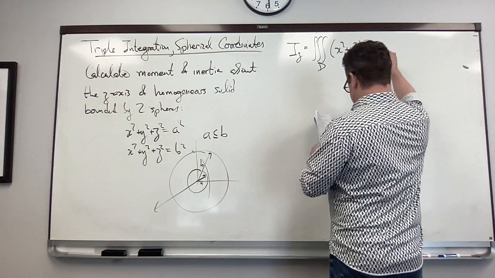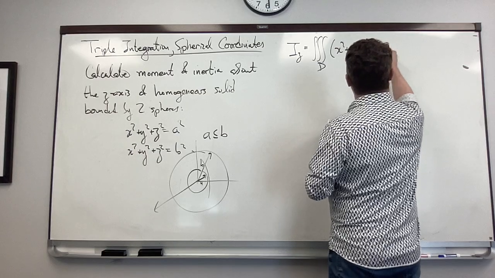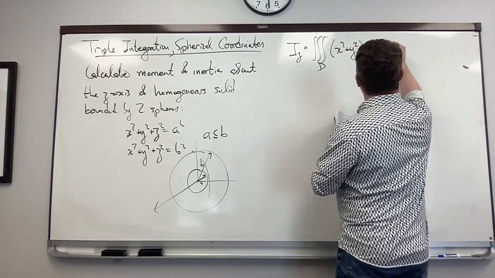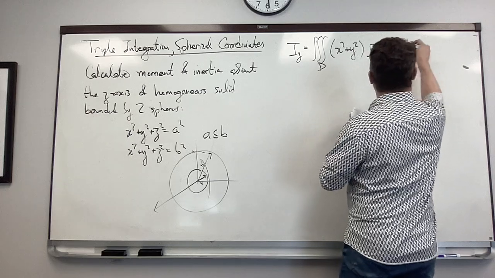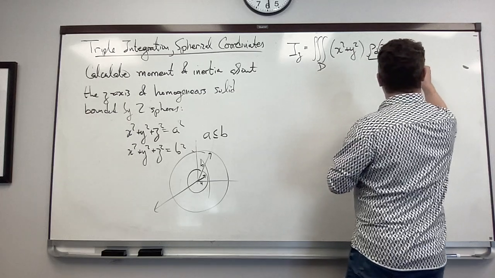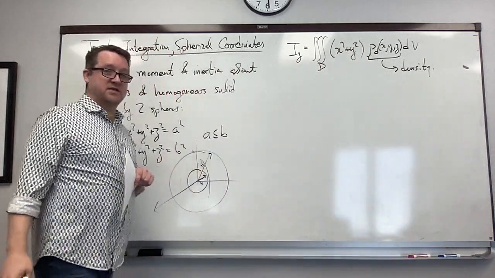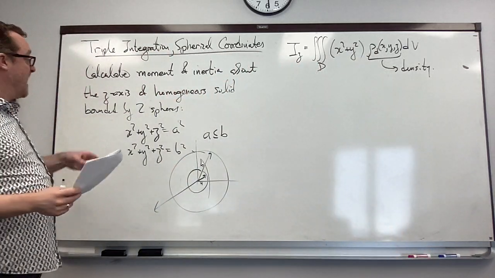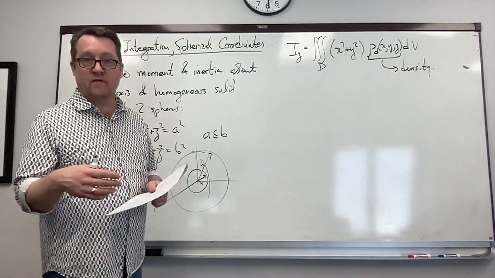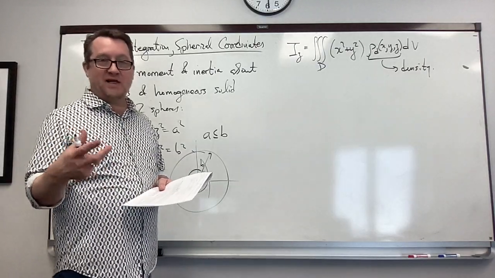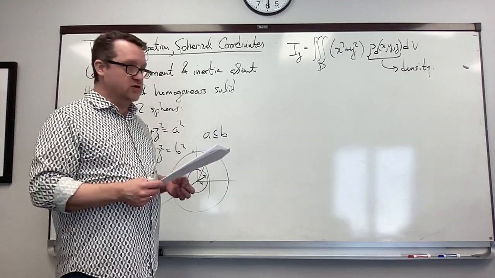Okay, and then we have our density. Now, here's one thing I need to talk about. One of the tricky things with spherical coordinates, as we've written them, is that when we say they are rho, phi, theta, rho is a coordinate. We like to use rho for density, and we use rho for other things as well, and we use rho as a coordinate.